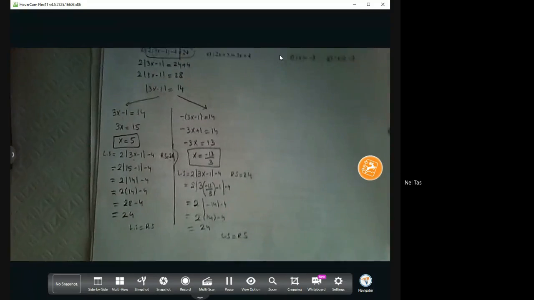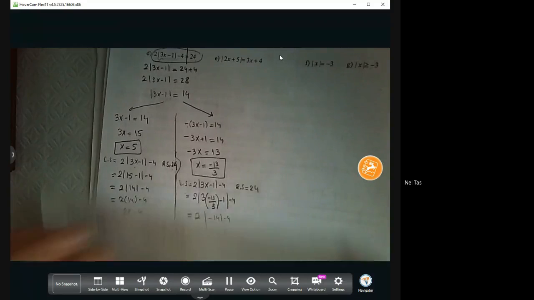Okay. Again, when you are doing this for evaluation, even if the question does not ask you to check it, you have to check it, okay? And show this work. And make sure you separate left side from right side. Do not do this, okay? Please.